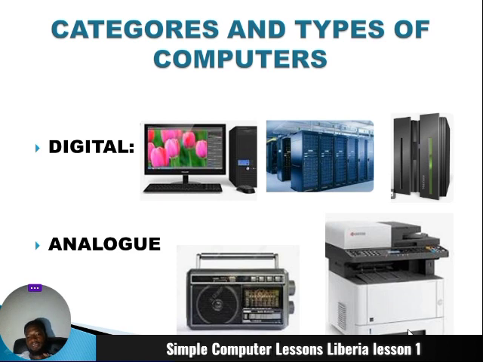These are different types of computers. The digital computers also have different classes, where you have the PC, the supercomputers, the mainframe computers, and also others. So that's how it works.